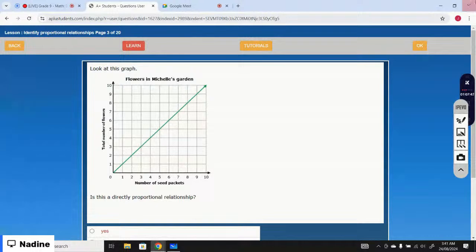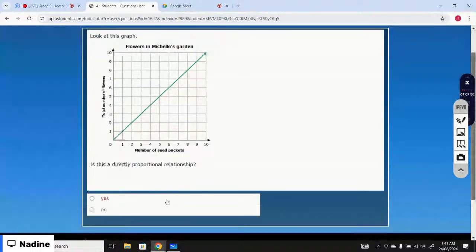The graph is for a directly proportional relationship, right? Okay, you can complete the lesson by yourself later today.